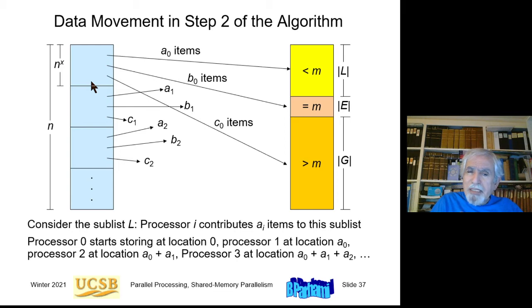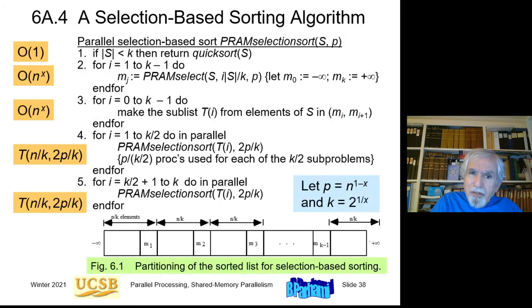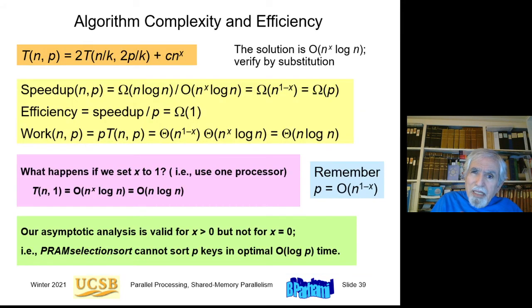Therefore, the running time for this part of the algorithm is order n to the x, which is how many elements each processor has. All right, so we have designed a selection algorithm that has linear speedup compared to the sequential selection algorithm we discussed previously.